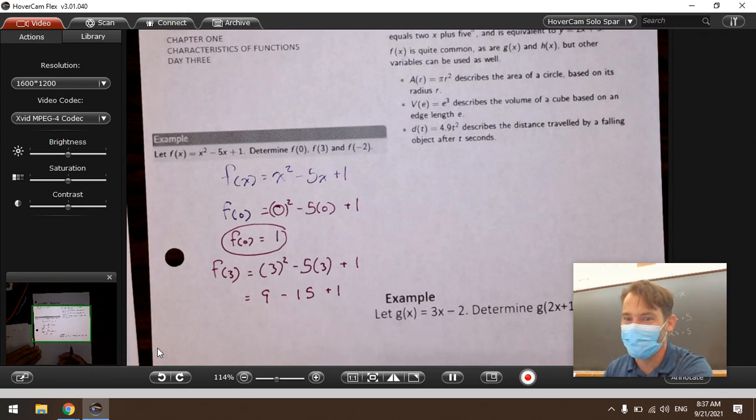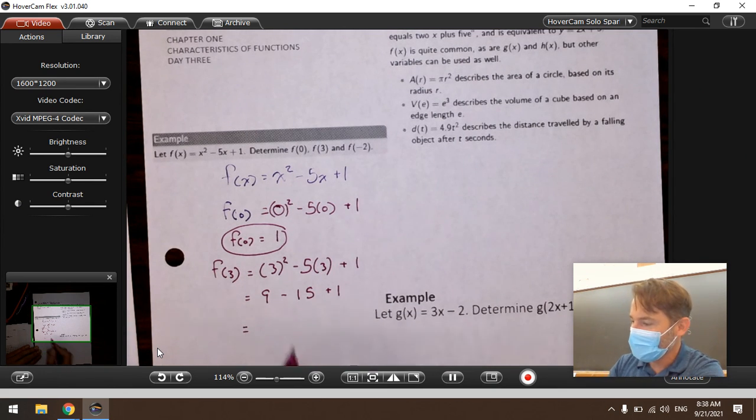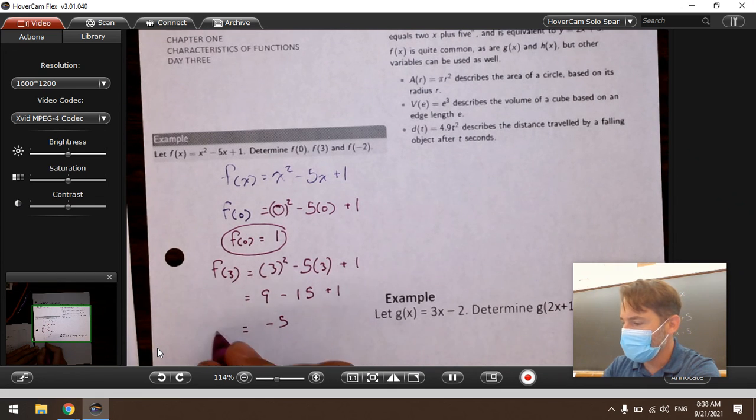Okay, so 9 minus 15. Actually, no, we're going below 0. Okay, 9 minus 15 gives me negative 6, plus 1 is negative 5. So f of 3 is equal to negative 5. And here I might rewrite f at 3, and then I circle it. Final answer.